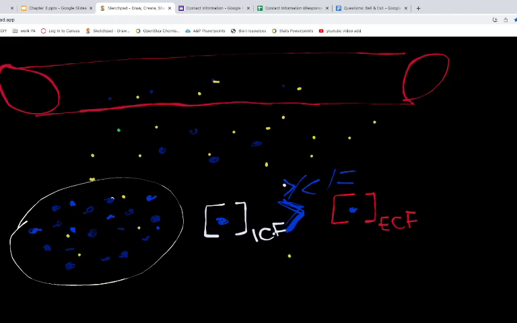Okay, so what is it for the yellow guy? We have yellow guys in the intracellular fluid and yellow guys in the extracellular fluid. And we want to decide again if it's greater than, less than, or equal to.